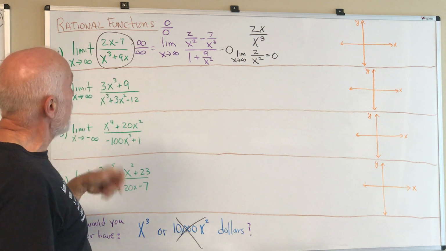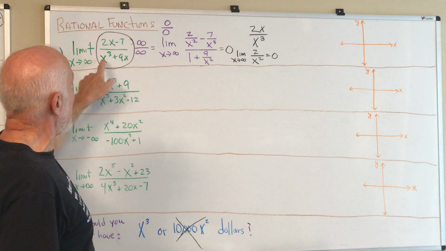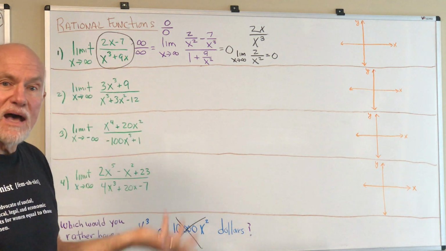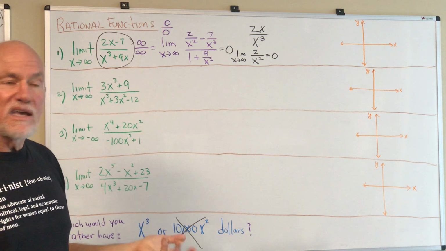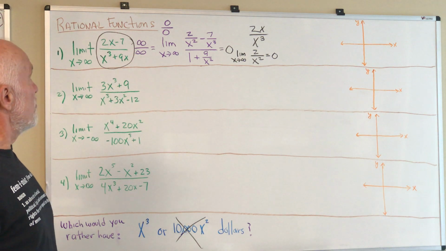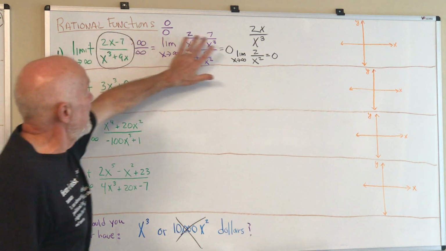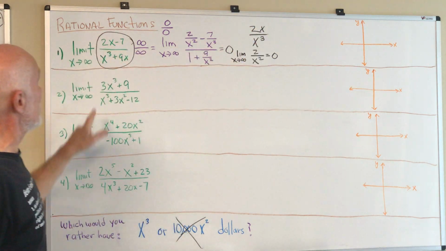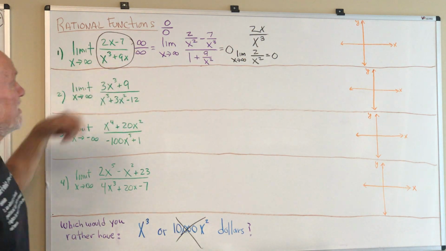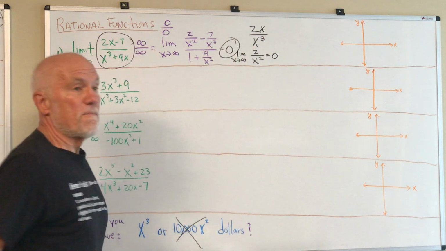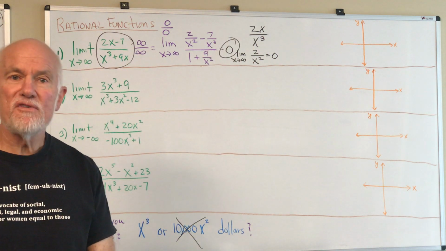I know the answer is always going to turn out to be 0, because that higher power of x in the denominator is going to overtake what it is here. So if I saw this problem on a test, I wouldn't do this and I wouldn't do this. I would just say, oh, the answer is 0, and I would be very confident that I'm right.